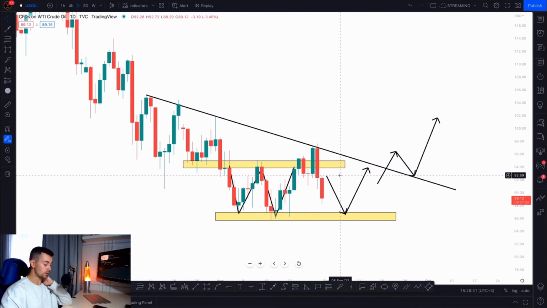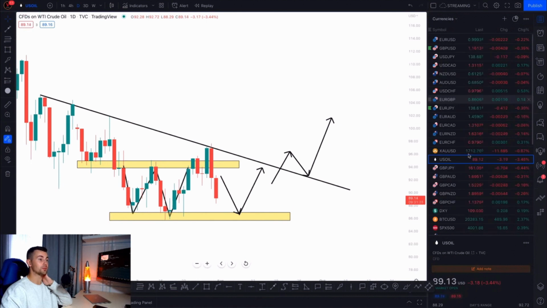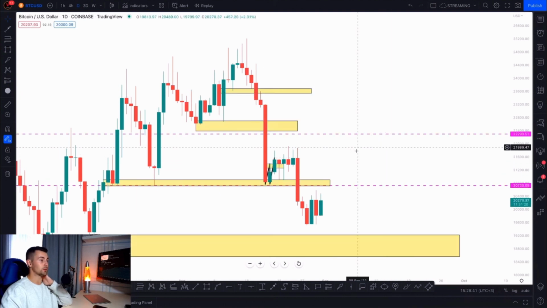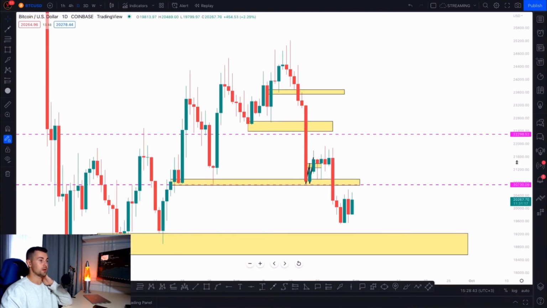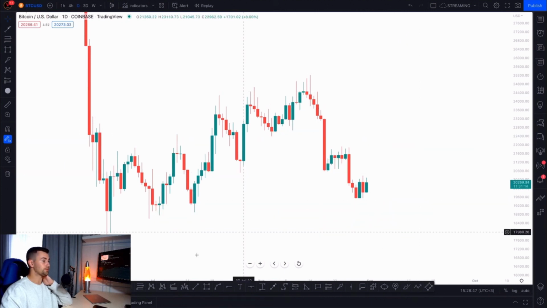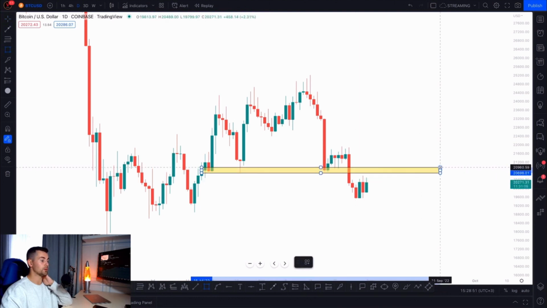And just a couple of words about Bitcoin. And then I will start answering your questions, traders. As you remember, just recently, Bitcoin broke and closed below that key daily structure support.